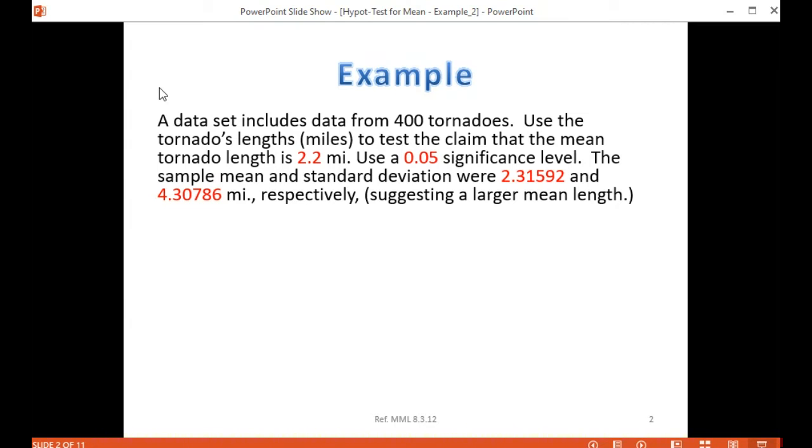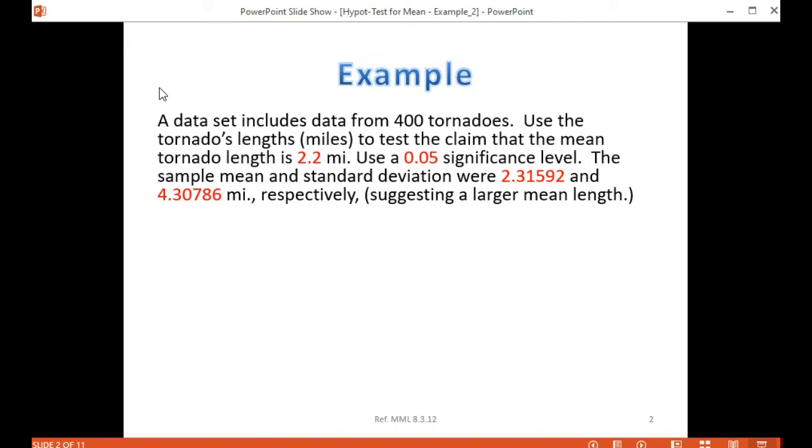Use a 0.05 significance level. So here you would say alpha is equal to 0.05. Alpha is the level of significance. So I'm not making up anything. I'm just saying, let's write all of these numbers with the associated variable. Then it says the mean, and they were talking about the mean of a sample.